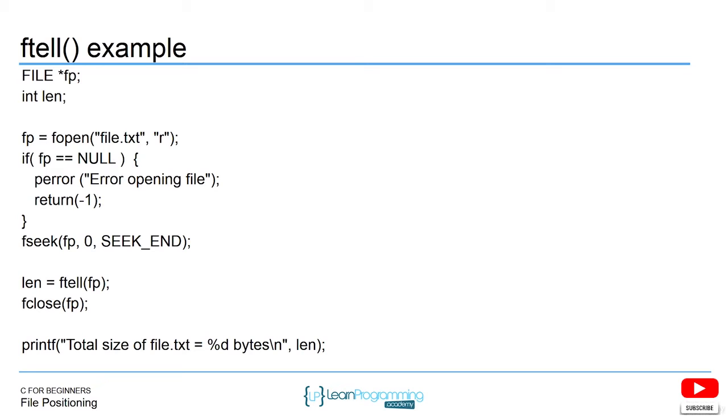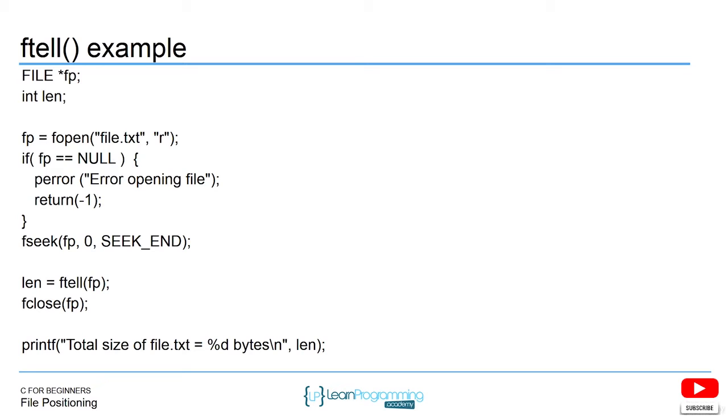I'm only using it to demonstrate the ftell. fseek is going to go to the end of the file, and then you're going to say ftell fp, and that's going to tell you where you are, which is the end of the file. So the length that's returned is the total size of the file, because you moved your pointer to the end, and then you asked, where am I? And it said you're at the end.